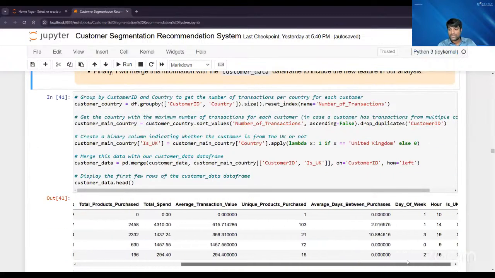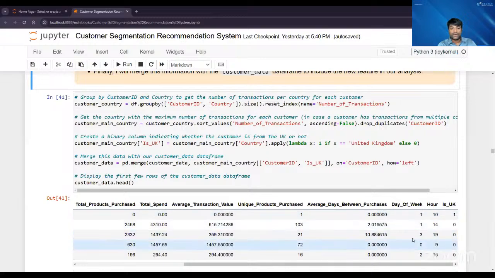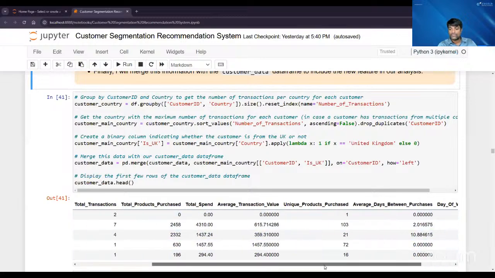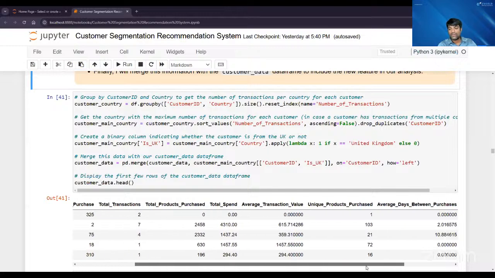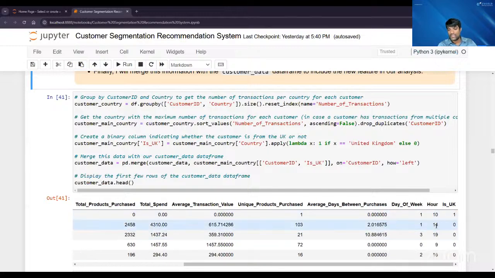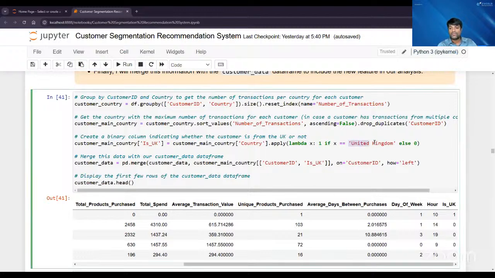Now what we are going to do is add a column which is UK or not, whether that particular person is from the UK. If the value is equal to the United Kingdom, give it one. I'm basically encoding it, one hot encoding.